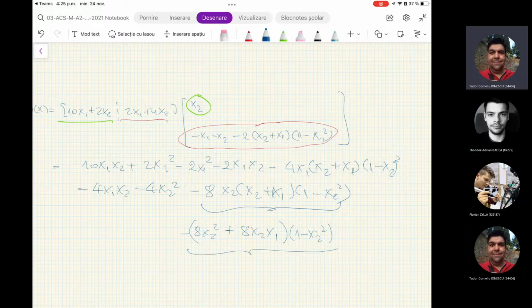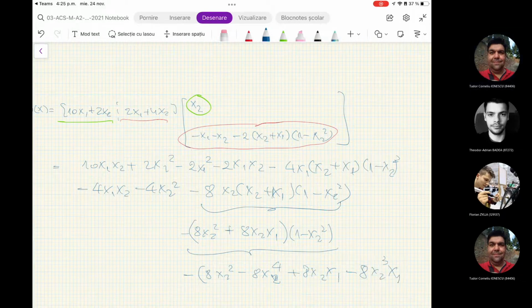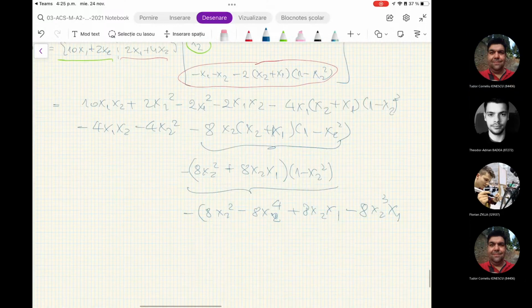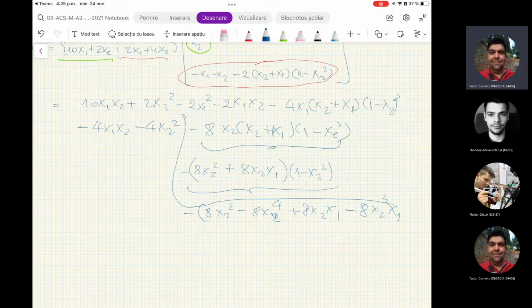So this further is minus 8x2 squared minus 8x2 to the power 4 plus 8x2x1 minus 8x2 to the power 3 x1. True? So we have to do it like this, and then we have to further do the computations.